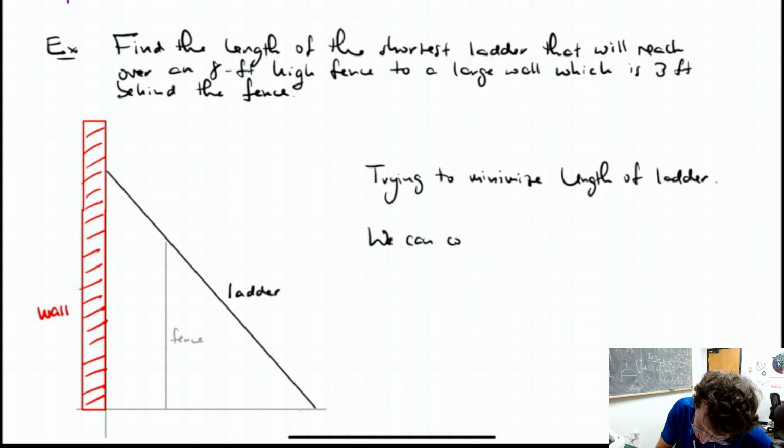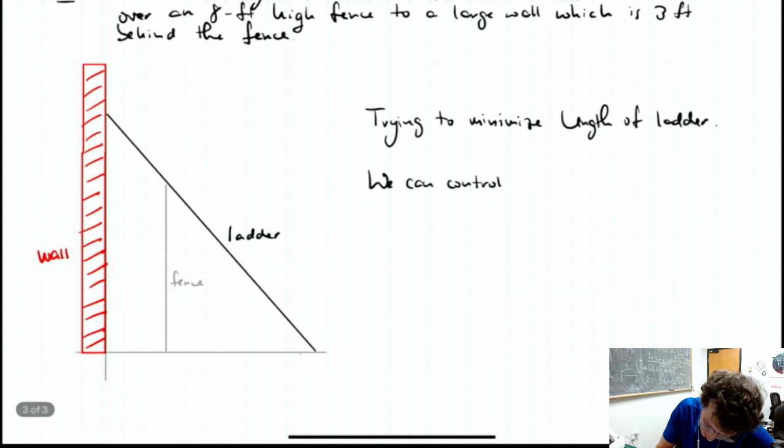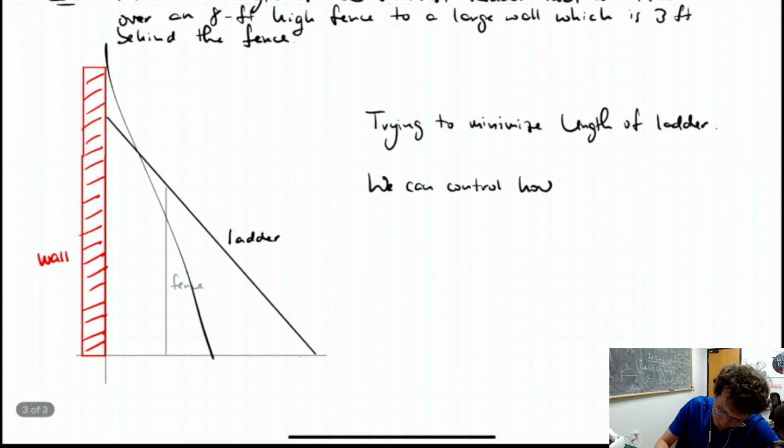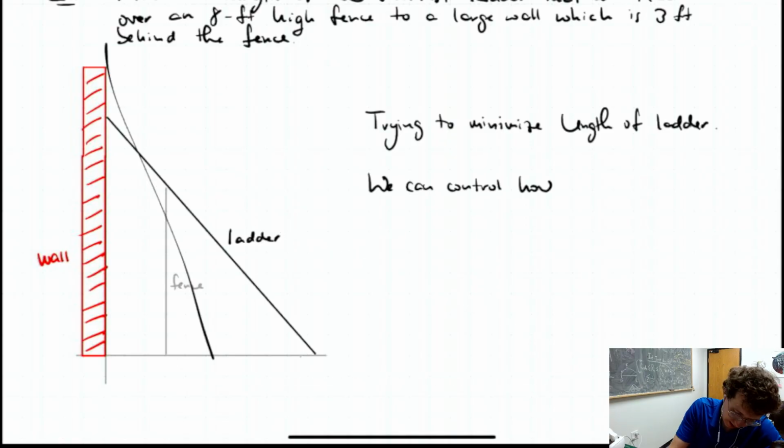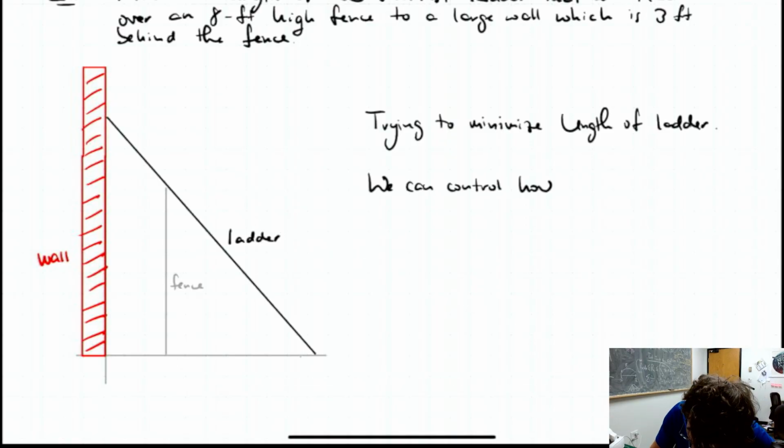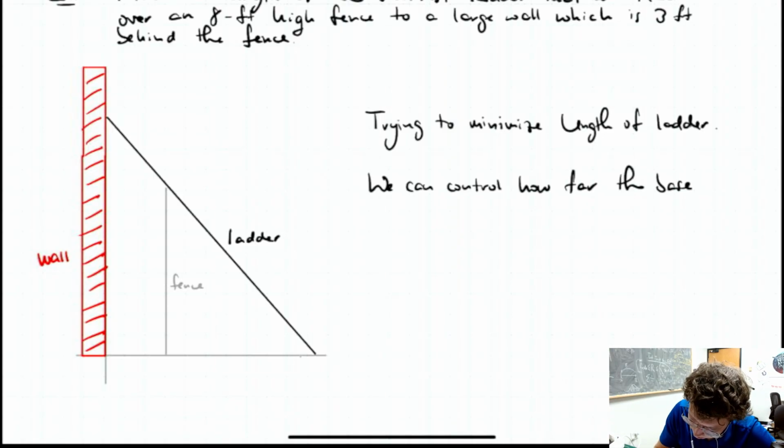And what we can control is, well, what was I changing here when I drew these different possibilities? I was changing how far the base of the ladder is from the fence.